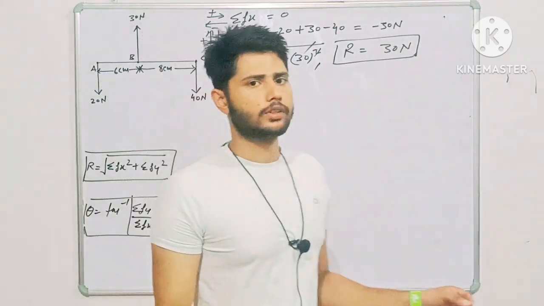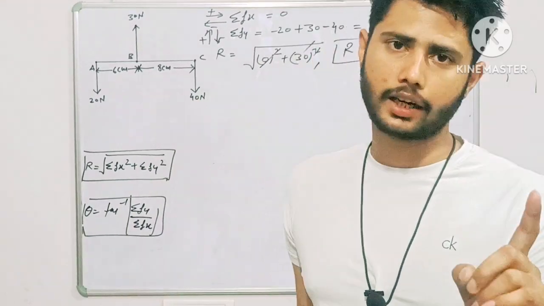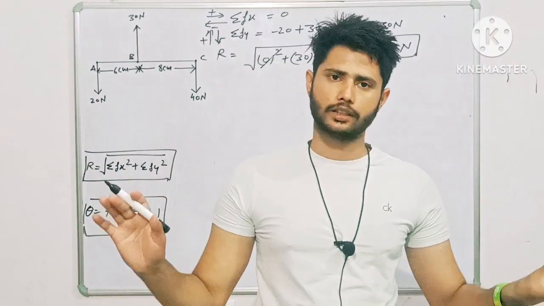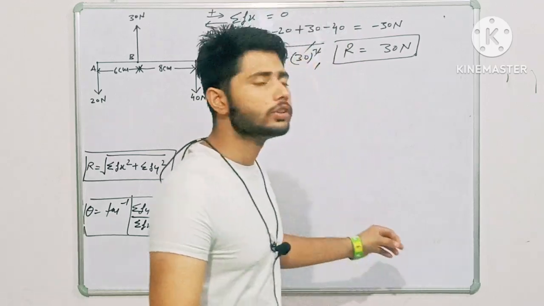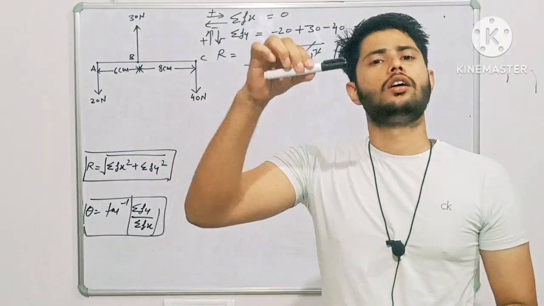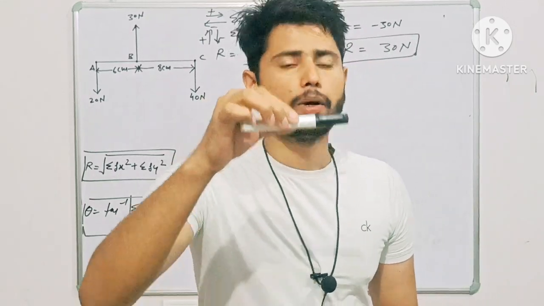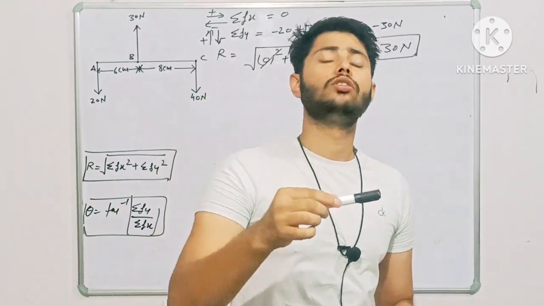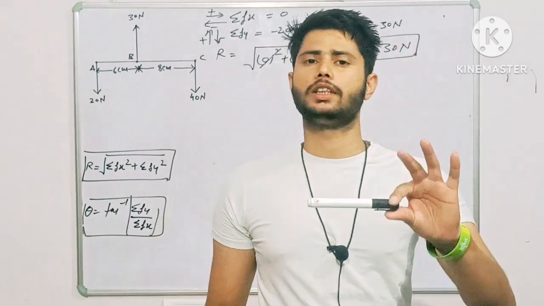So we have already found the resultant and its direction. How? Because horizontal force is not available here, and according to this my marker is going in the downward direction, our body will be moving in the direction of the resultant force.